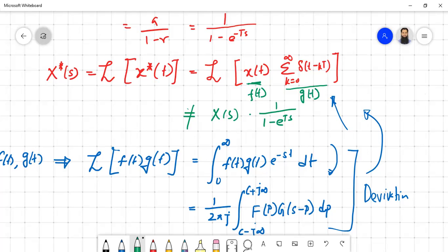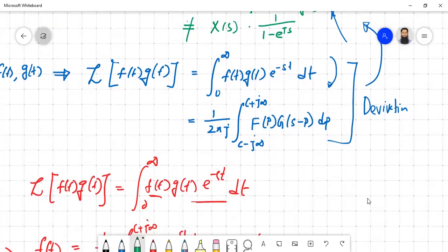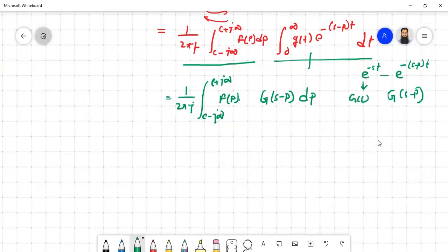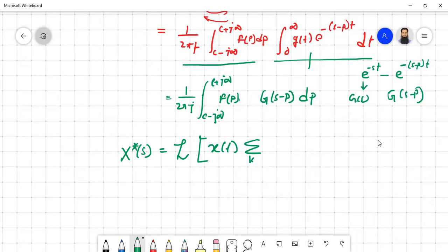Based on this assumption, we can write X star(s) equal to the Laplace transformation of x(t) times the summation of k equal to 0 to infinity delta(t minus kT).